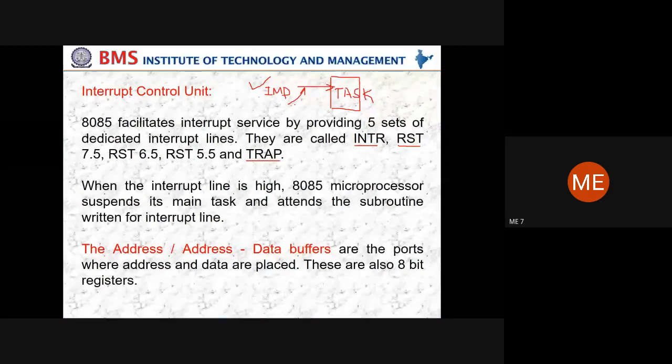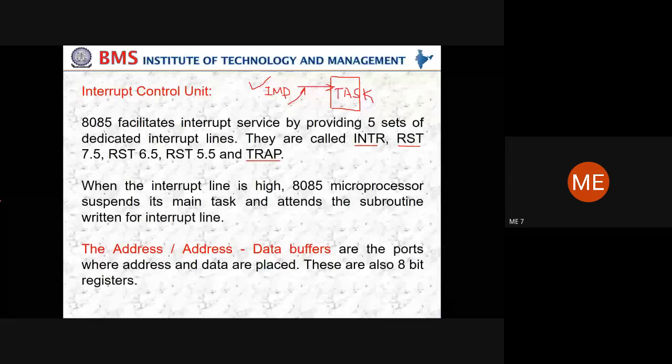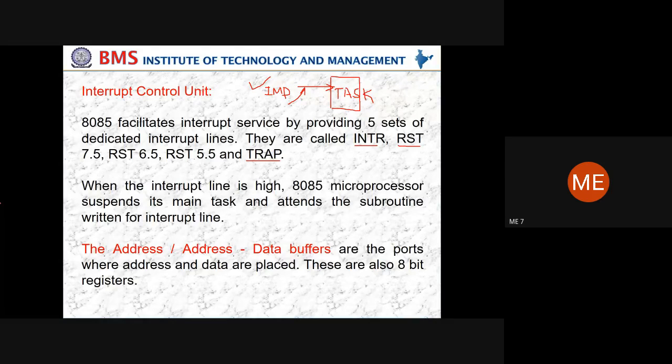When the microprocessor has received the information that somebody wants its attention, it is for the microprocessor to decide whether it has to give the attention or not. That is how the interrupt is going to be taken care of.